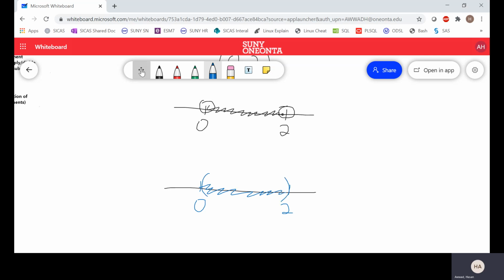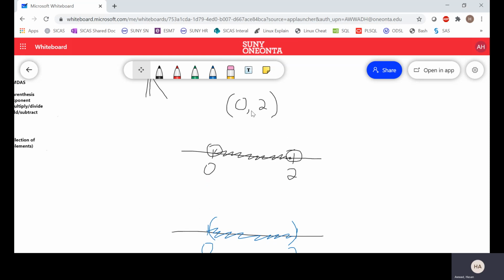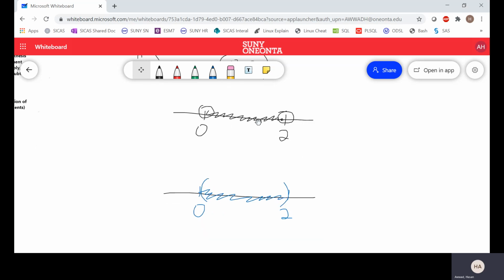And that should match up with your interval here. So if we're talking about all the numbers from 0 to 2, not including the endpoints, we use parentheses. You can use on your real number line either open dots or parentheses, just to reinforce that. Both of these are acceptable. Different textbooks will have different things. I personally was taught to use the open and the closed dots. Whichever one you choose to use is entirely up to you.